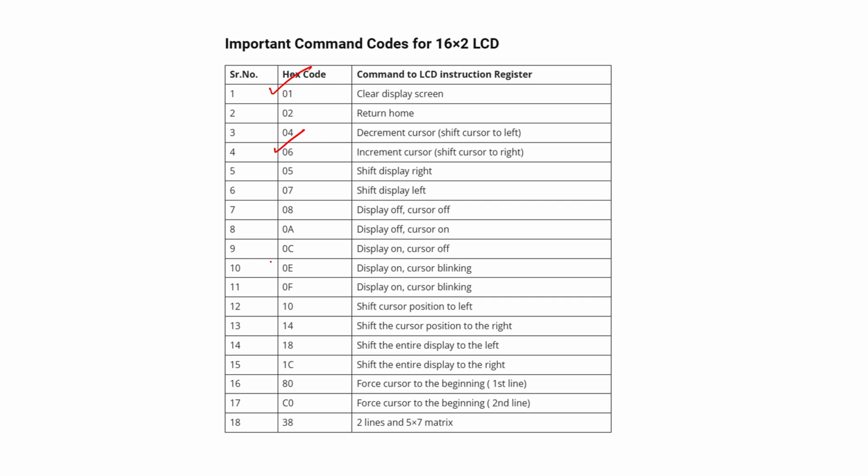If you are a fan of blinking cursor, you can use 0x0F, or you can simply use 0x0E, in which the cursor is just displayed. And apart from this, the most important one is 0x38, which will tell the LCD that we are operating in two lines, 5x7 matrix. Sorry for the wrong information. In the previous slide, I mentioned it as 5x8. It is just a 5x7 matrix.